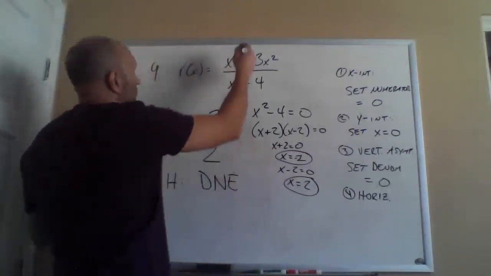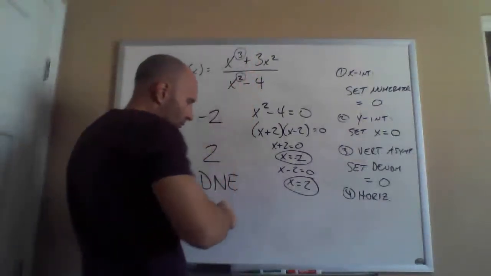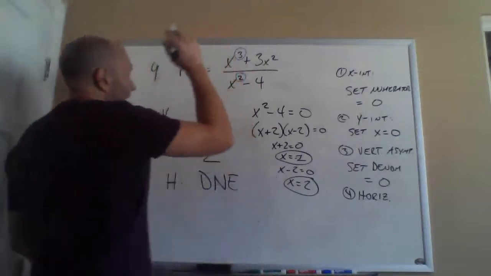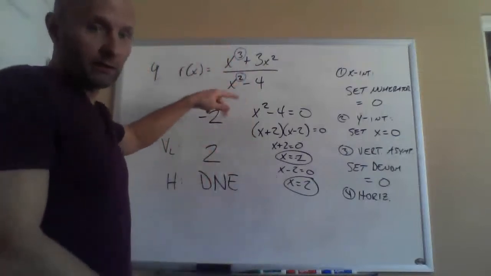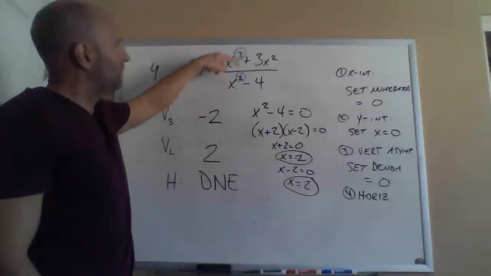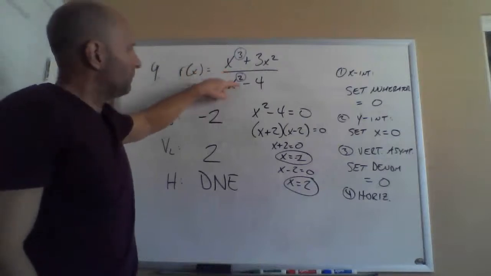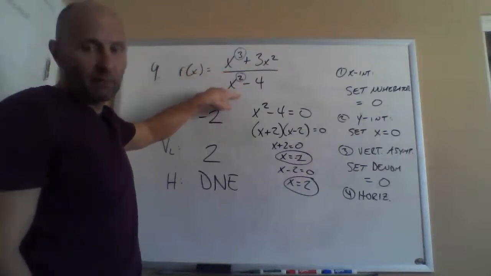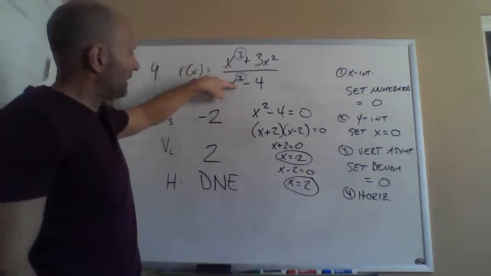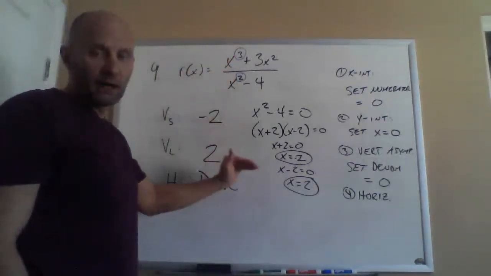So yes, for horizontal, we're always looking at the exponents. So in this case, 3 and 2. And if they're the same, like the last problem, it would just be 1 over 1. If these were both 2, it would be 1 over 1. If the bigger exponent is in the denominator, so if the 3 was down here and the 2 is in the numerator, then our answer would just be y equals 0.